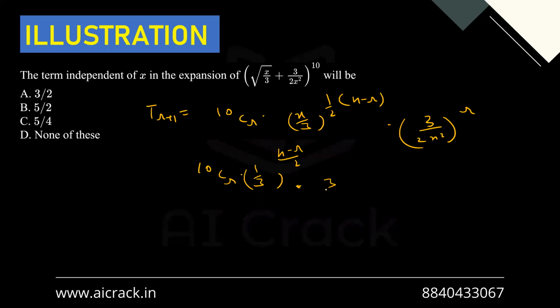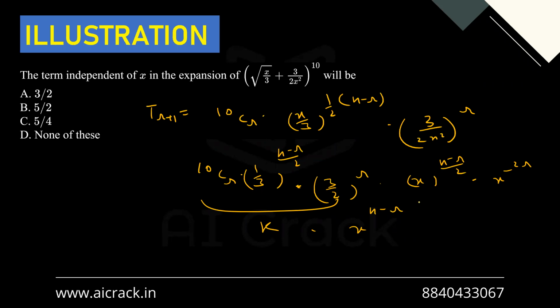So that would be (3/2) raised to r times x raised to the power (n minus r) times x raised to the power minus 2r, right? Let's say this term is called k, this would become x raised to the power (n minus r), and that would become minus 4r by 2. So basically (n minus 5r) by 2, right?